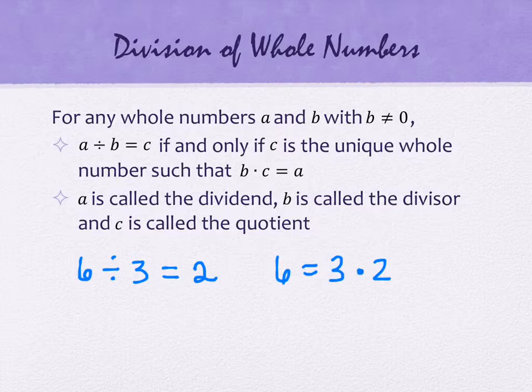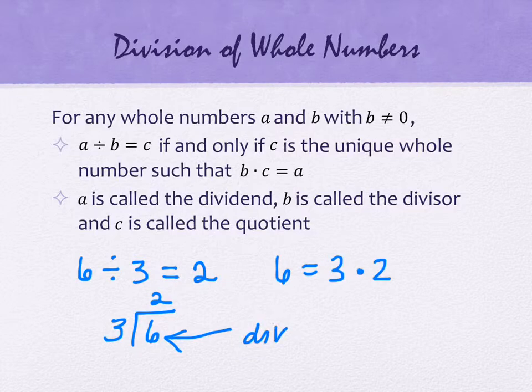We call A the dividend, B the divisor, and C the quotient. So if you think about it in terms of writing division out like this, 6 divided by 3 is equal to 2. This number right here is called the dividend. The dividend is the number that goes underneath the division bar.